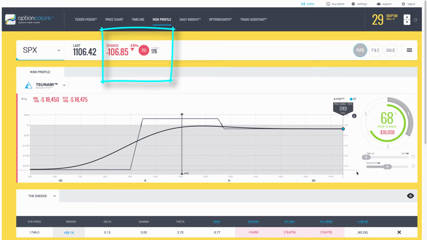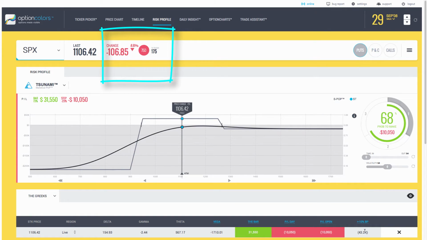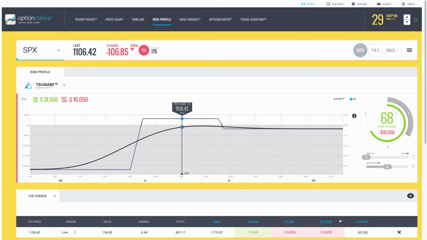And then we want to note down here that our margin has already jumped to 43,000. So we started with 9.7 and it jumped to 43. So we can see very quickly the margin quadrupled. So we have an increase in margin about 400%.